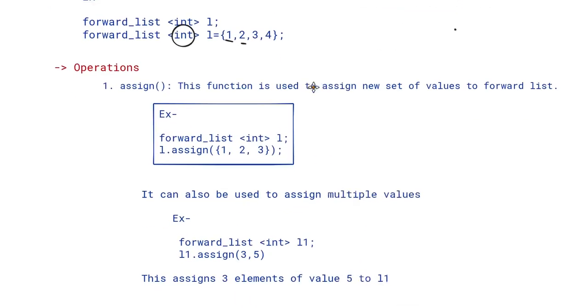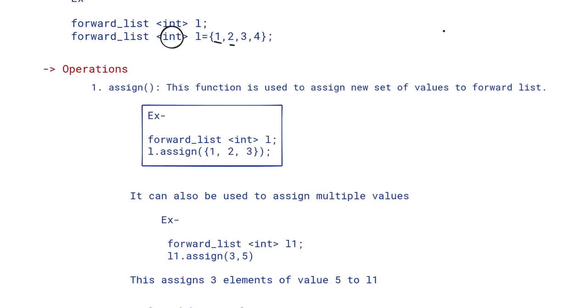coming to operations, the first operation we have to see is assign. What assign does is, if you declared a forward list like this without any data inside it, you can assign a new set of values to the forward list like this in curly brackets, and that's it. If you print this, then you will see 1 2 3 here.